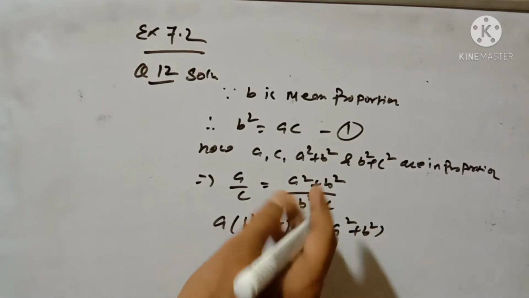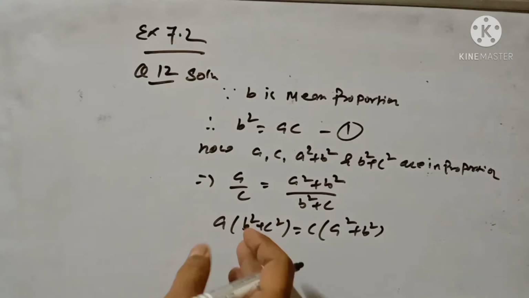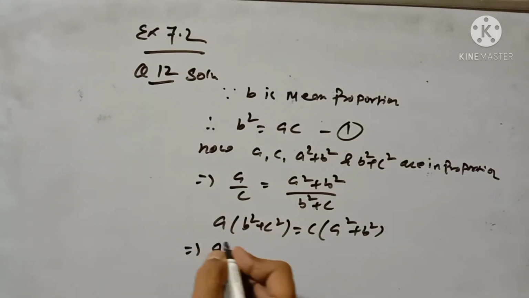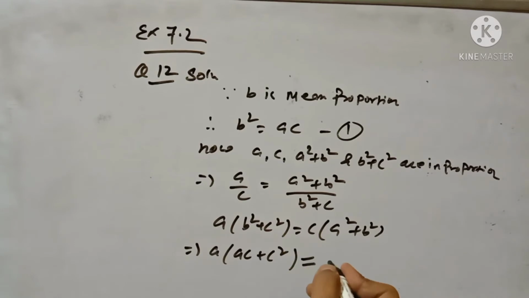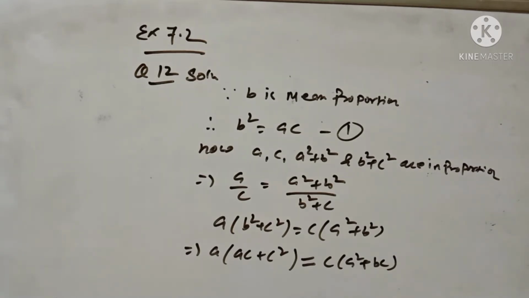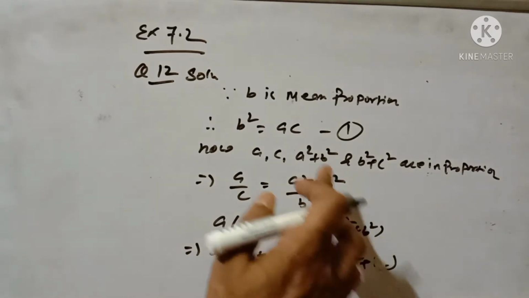Now from equation 1 you can put the value of b square. So I can write, this implies a into ac plus c square equal to c into a square plus bc. Okay, it should be ac, because b square equal to ac.